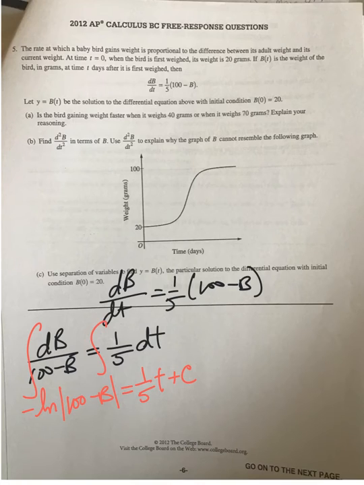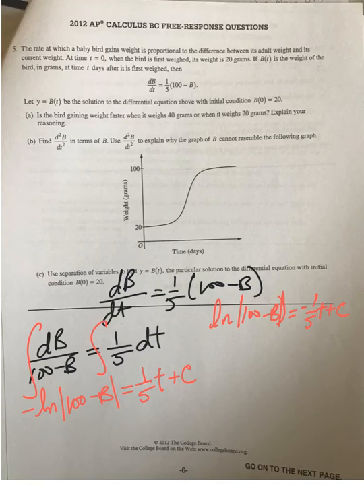So now you got to get b by itself. First off, let's get rid of that negative. So you're going to have the natural log of 100 minus b equaling negative 1/5 t plus c.